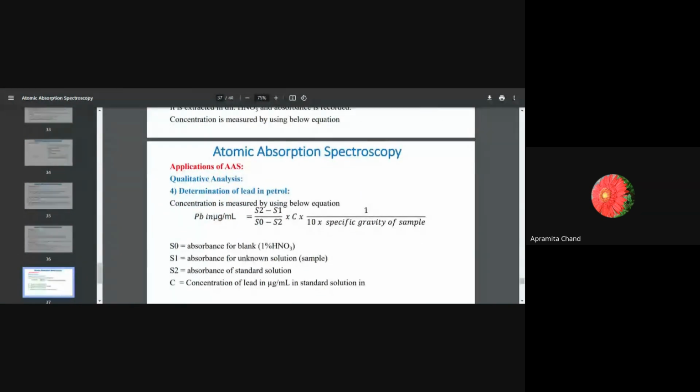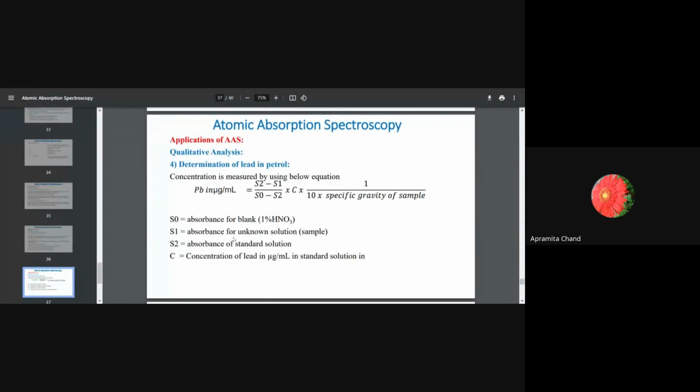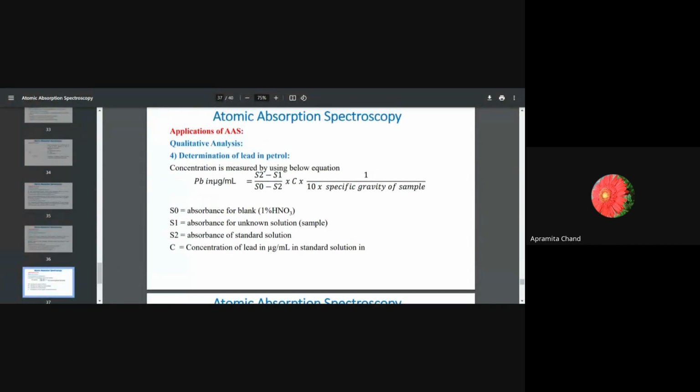I want you to take down this equation. How can you measure the concentration? You can measure the concentration using this kind of equation. So you can just take down this equation in your copies.